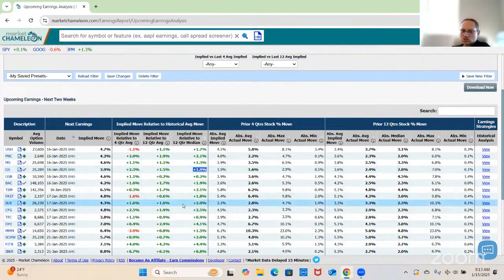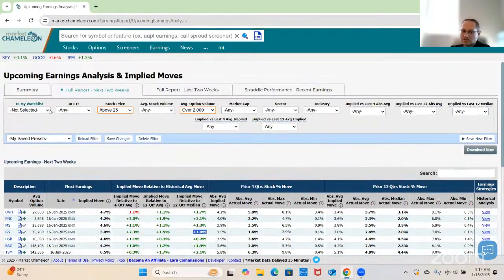So that's quickly one way to go to a list of symbols that we're expecting earnings from in the next 2 weeks, and start to look at it from the perspective of what the historicals look like relative to where the options are implying, or pricing, the upcoming earnings moves. And if you're looking for something specific, it could be in the sector, it could be certain symbols, it could be your watch list, because you can use these filters up here.